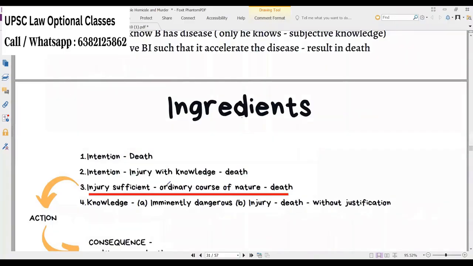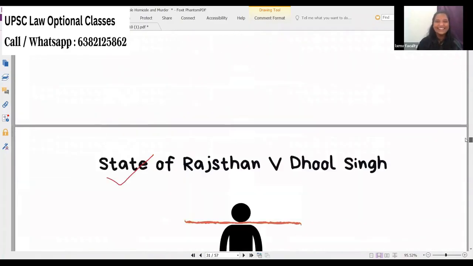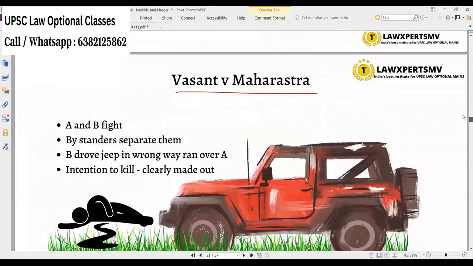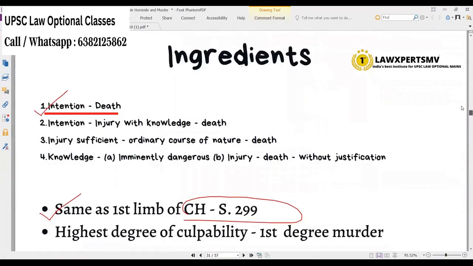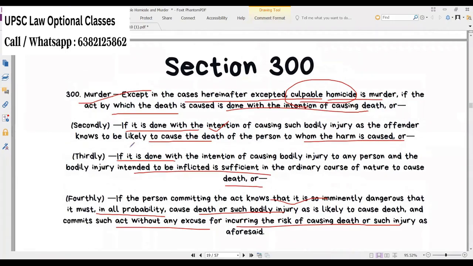Ma'am, the second clause is simply saying that suppose I am the murderer and I am going to kill Malti ma'am. In this case, I have knowledge that Malti ma'am is suffering from a very vital disease in her brain. Other friends of my class do not know about this. If I simply blow on the head of Malti ma'am, she will definitely die.